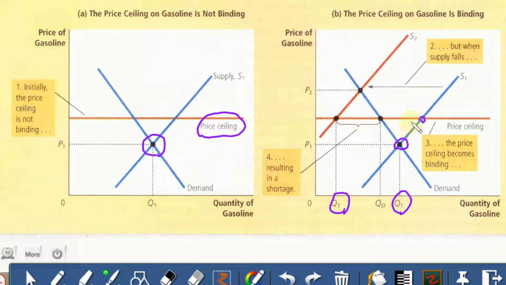As this curve moved to the left, quantity reduced and price increased. So even though this is the equilibrium, the price goes from here to here and quantity is reduced.